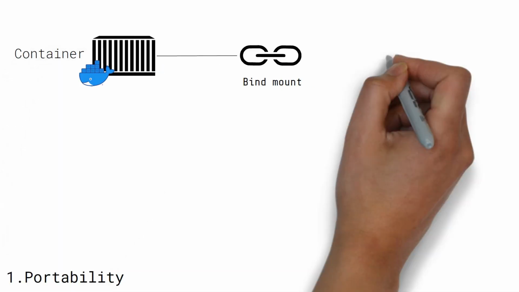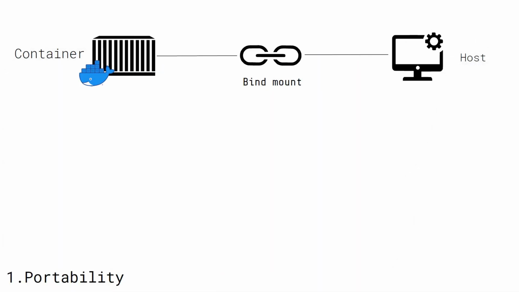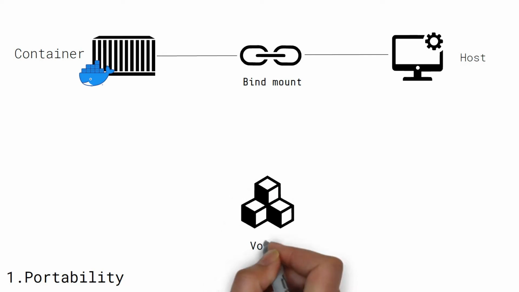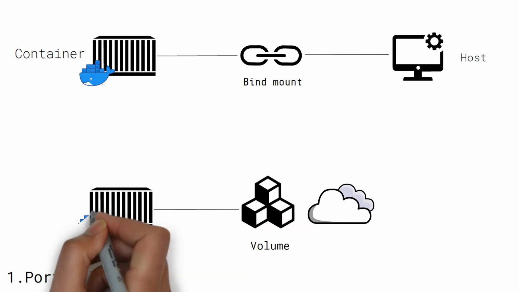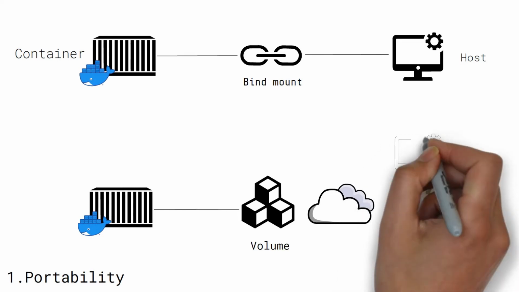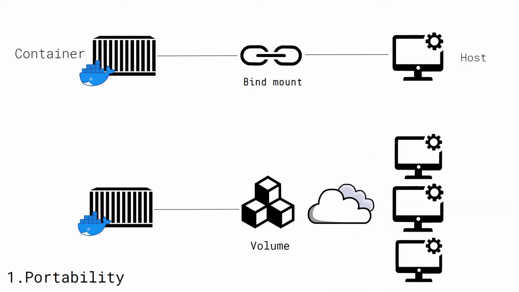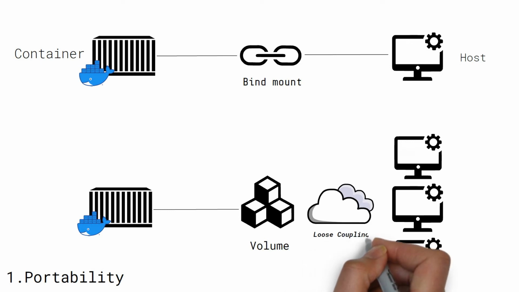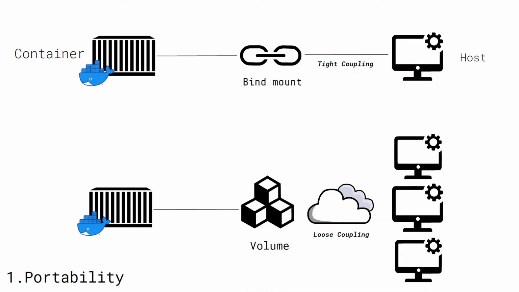Bind mounts require you to have a specific file system structure in the host, whereas volumes abstract it out because Docker manages it for you. This flexibility with volumes makes your containers much more portable since they are not strongly coupled with the host's file system structure.